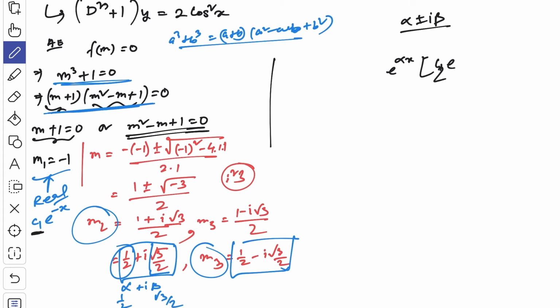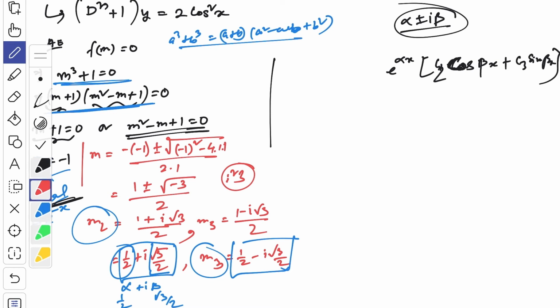C2 cos beta x plus C3 sine beta x. That should be the CF for this complex part.